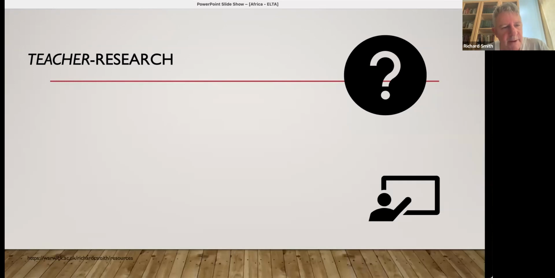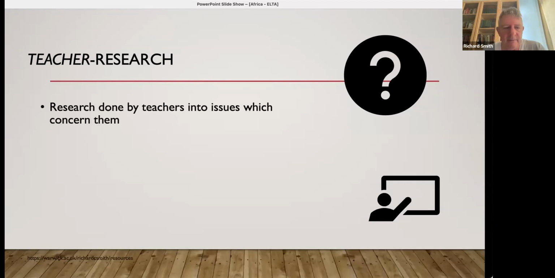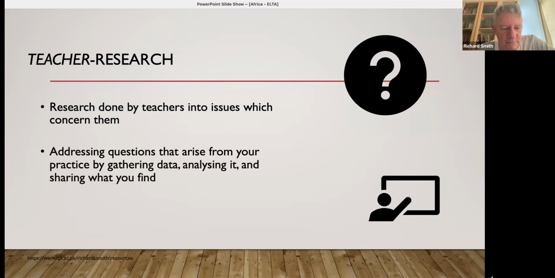But anyway, this is teacher research. This is teachers doing research into their own teaching. So what do we mean by that? Well, research done by teachers into issues which concern them. And you have been thinking about the issue that you'd like to research, and you're coming up with questions at the moment. So it's addressing questions that arise from your practice.